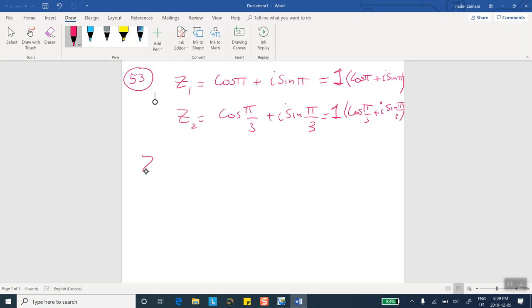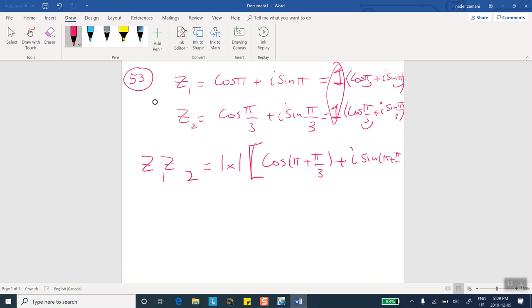Okay? So if you want z1 times z2, multiply the moduli, 1 times 1. You don't have to write it. And it's going to be cosine of this argument plus that argument. Let me write the bracket here. Cosine of pi plus pi over 3 plus i sine of this argument plus that argument, pi plus pi over 3.